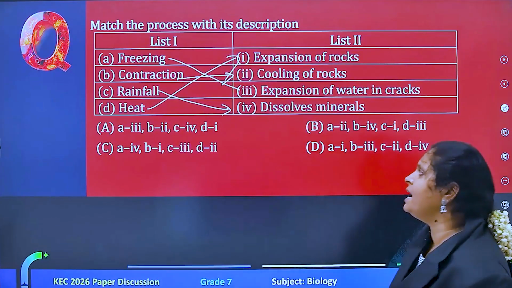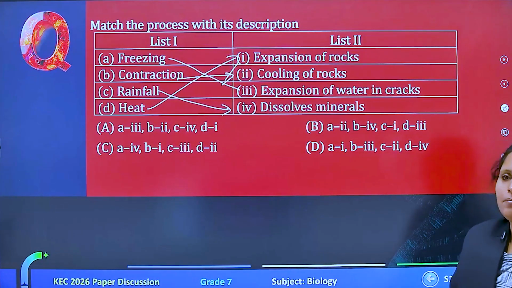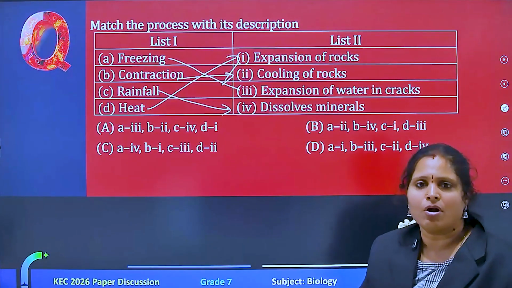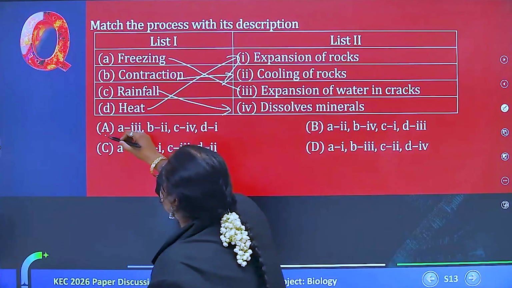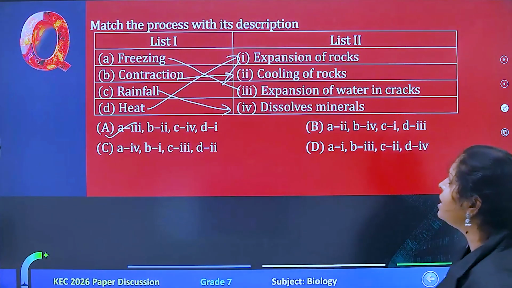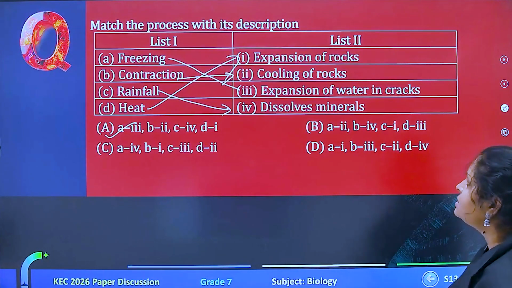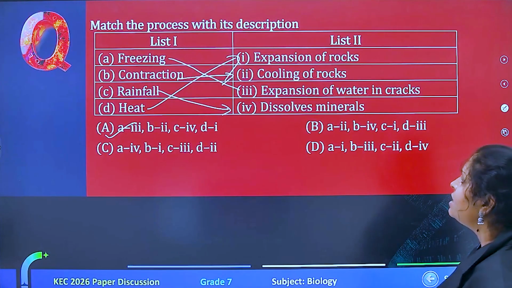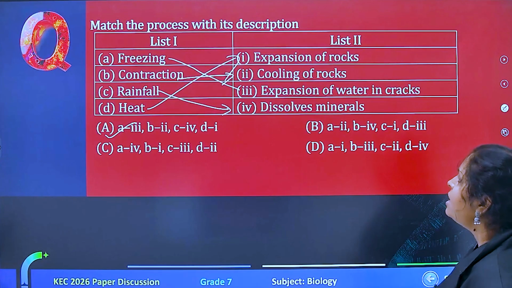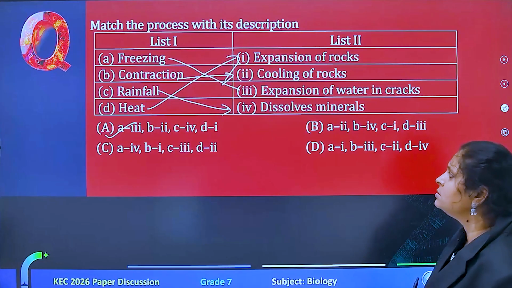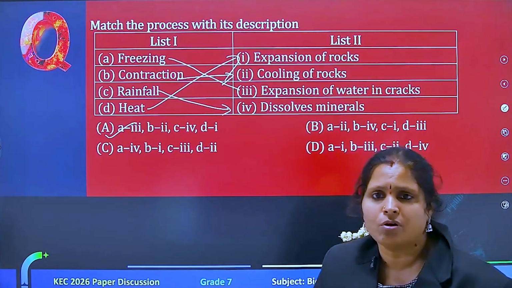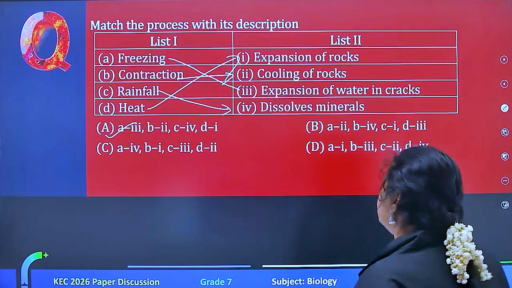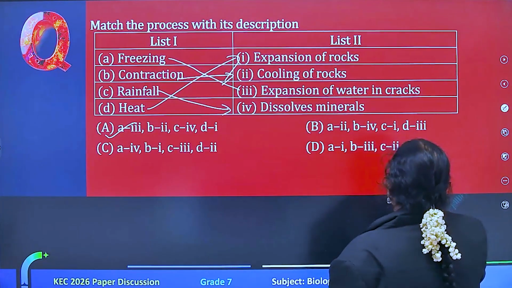So the option will be A: A3, B2, C4 and D1. Did you go with the A option, right? Correct answer.